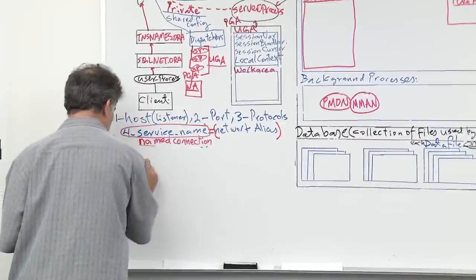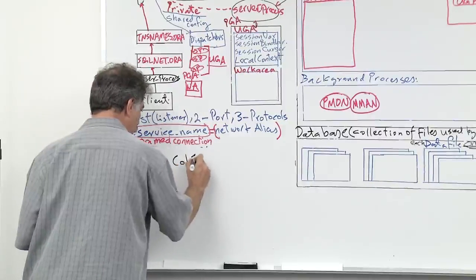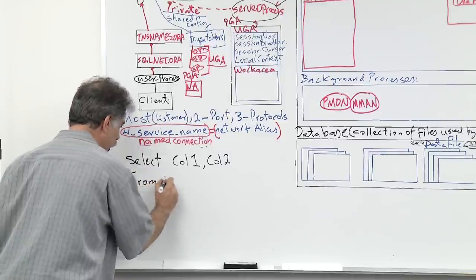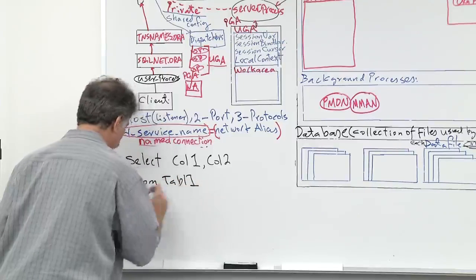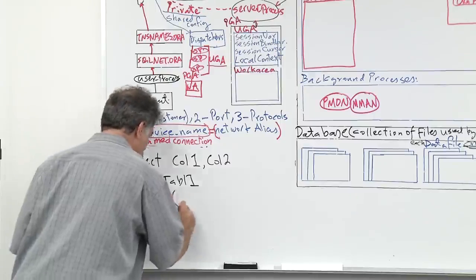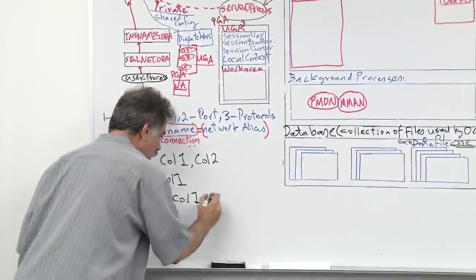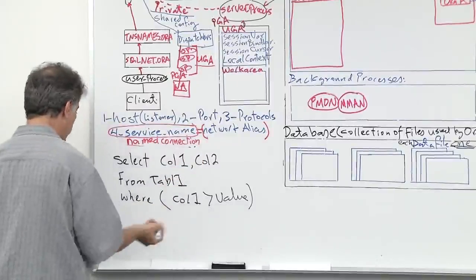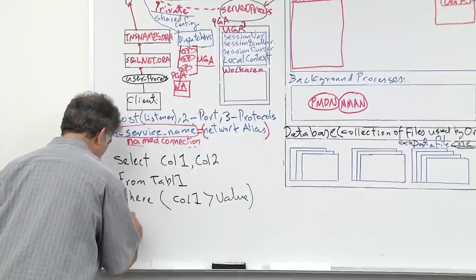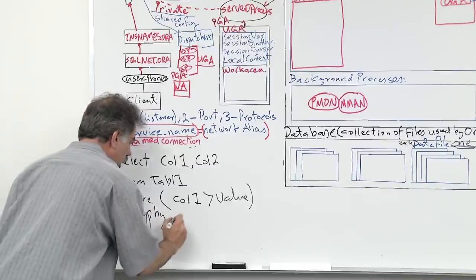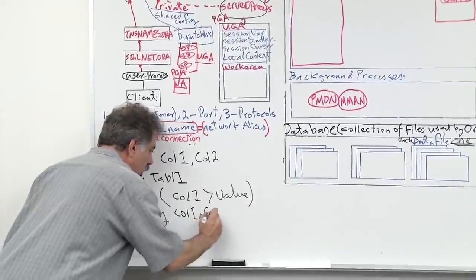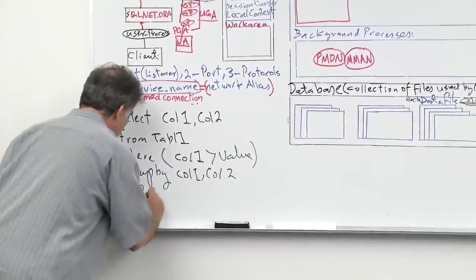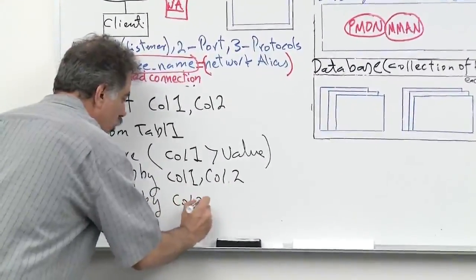So here is a select, let's say column 1, column 2, from table 1, where column 1 greater than value, and I don't know, we can add a few items here like group by column 1, comma, column 2, okay, and then for example order by column 2.